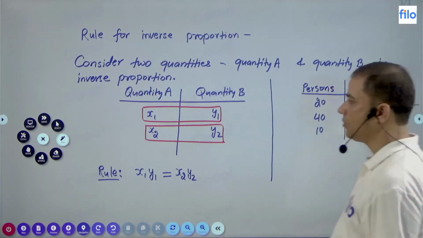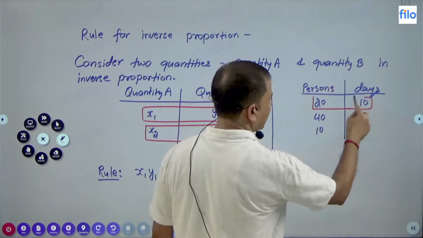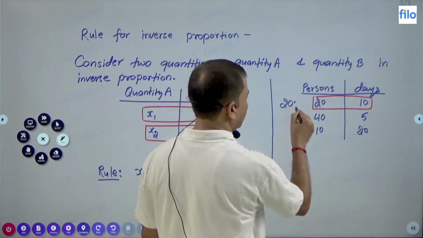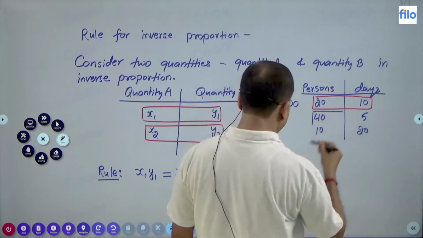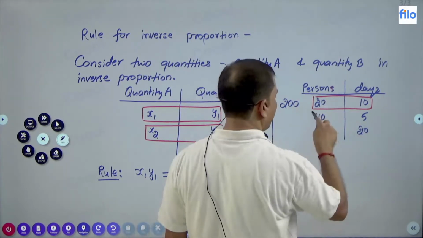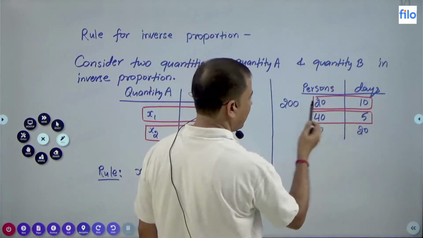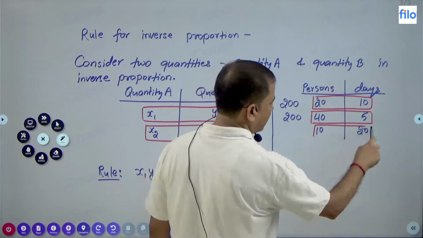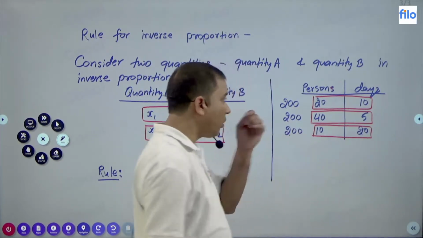Notice the product is always the same. Multiply the numbers in the first line. What is the product? 200. Why are you sleeping? The product of the values of the second line, 40 into 5, 200. And the product in the third line, again 200. Product always remains the same.